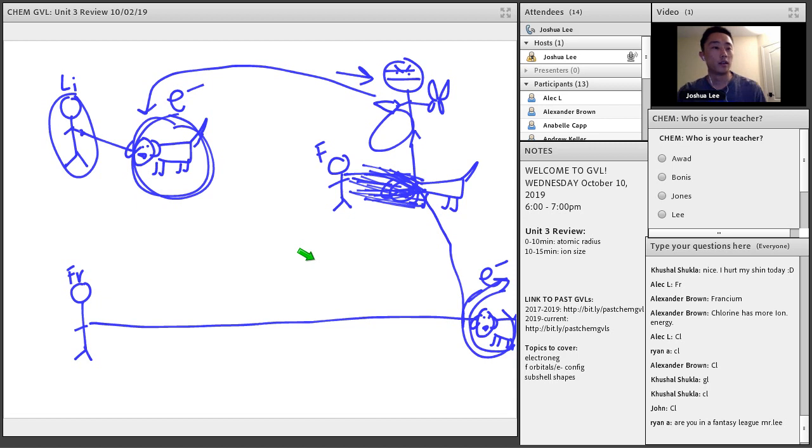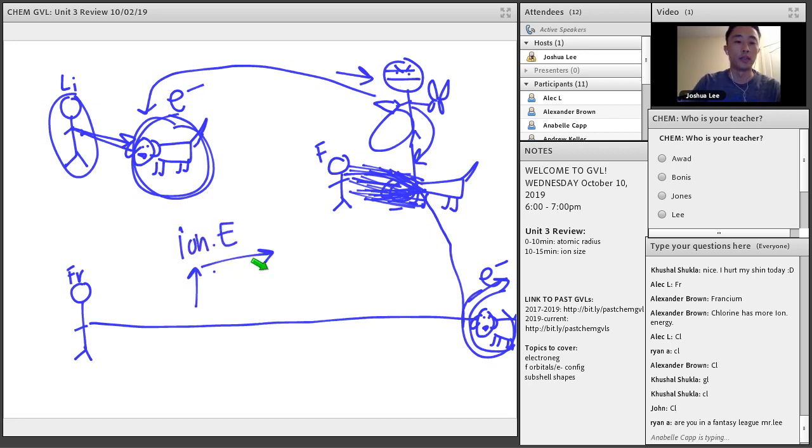Lithium only has one leash on its dog, whereas fluorine has all these leashes on the dog, keeping its dog safe because it has more protons holding on to the electrons. So if this thief were trying to steal this person's dog right here, the thief would need to use a lot more energy to cut through all of those leashes to finally steal the dog. So that's why ionization energy increases going up and to the right.